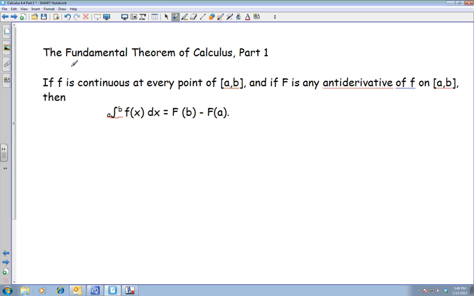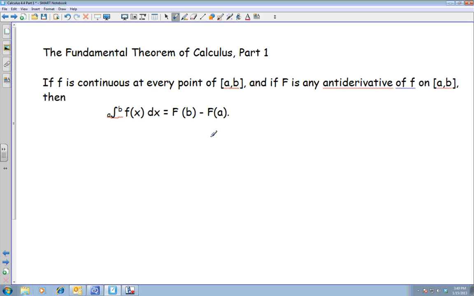If f is continuous at every point of this closed interval AB, and if capital F, remember that's the symbol we said we're going to use for antiderivative, is any antiderivative of f on that closed interval from a to b, then the integral from a to b of f of x equals the antiderivative with b substituted in, minus the antiderivative with a substituted in.